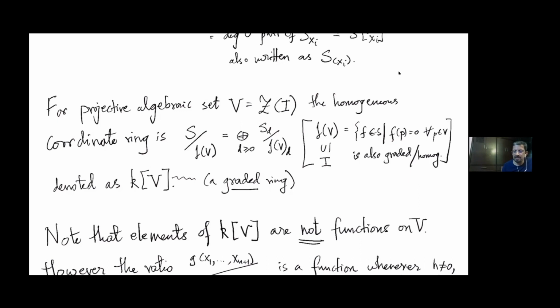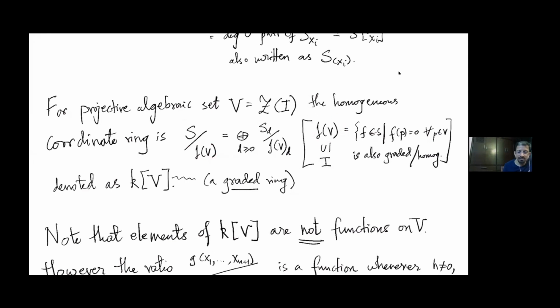It turns out that this is also a graded, homogeneous ideal, so it's also generated by homogeneous polynomials. By definition, S has a nice breakup into degree d homogeneous parts, a collection of various homogeneous forms. By construction, I(V) also has this property.